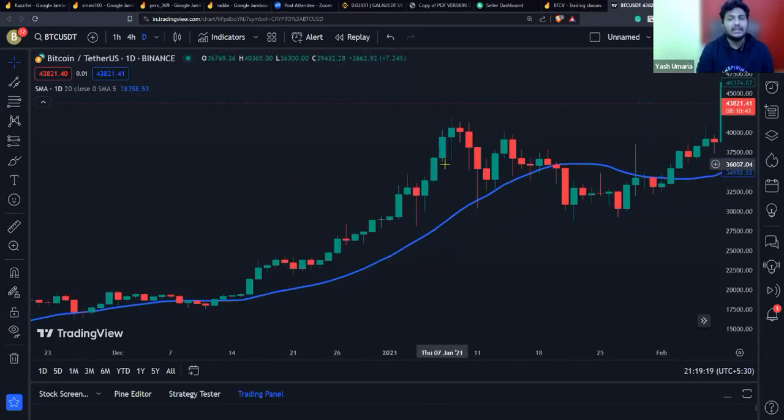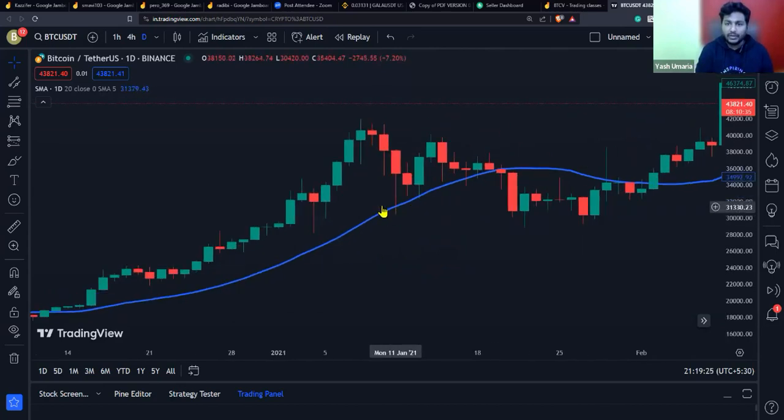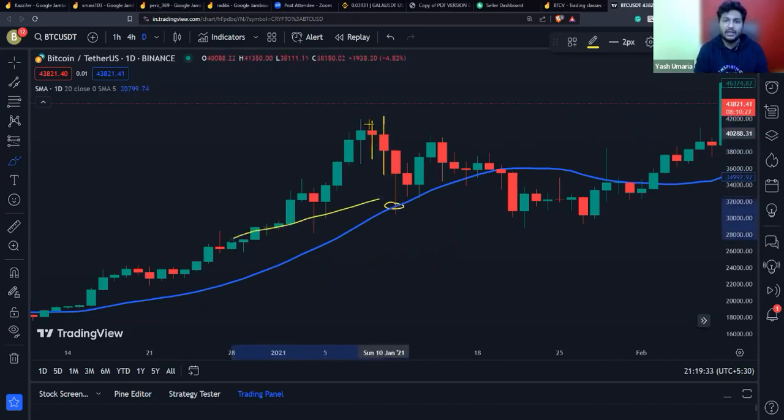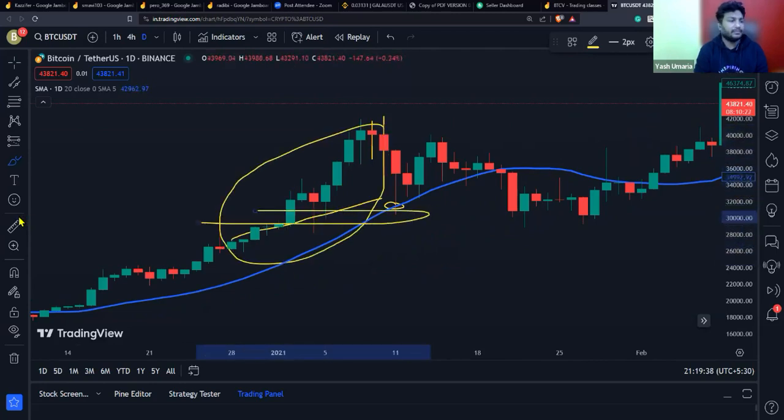It basically means the average price of the previous 20 days. So for example, if you see this point, how does it come? Because what it did is basically add the previous 20 days of price points and create an average of it. That is moving average, simple moving average.